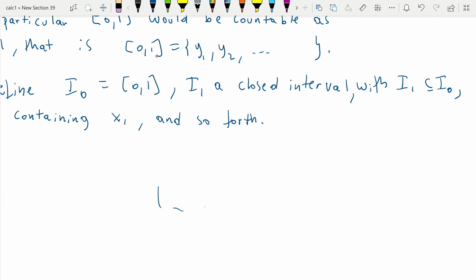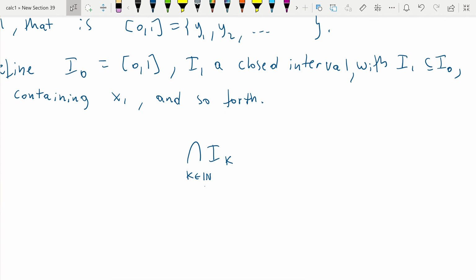And you keep going. And so in the end, the intersection of all of these I sub k's, with k in N, is going to be empty. Why?